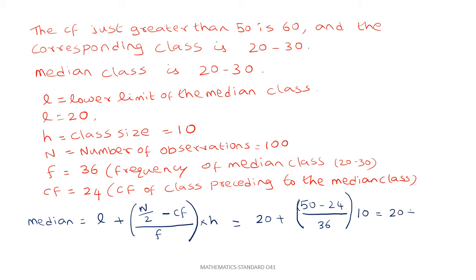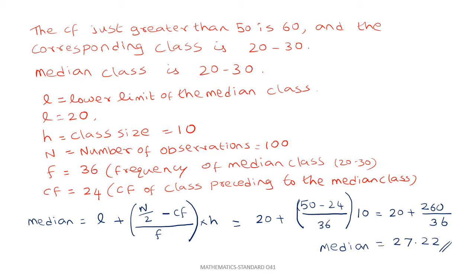So 20 plus 260 divided by 36, which will give you 27.22. So the median is 27.22.